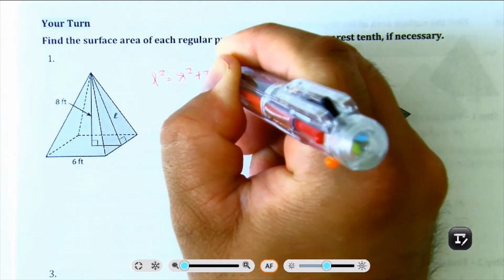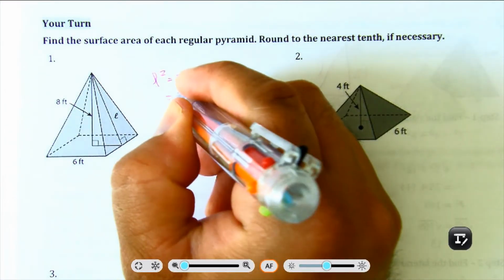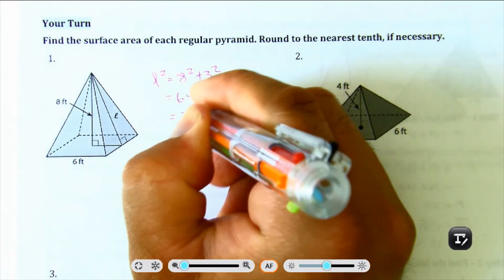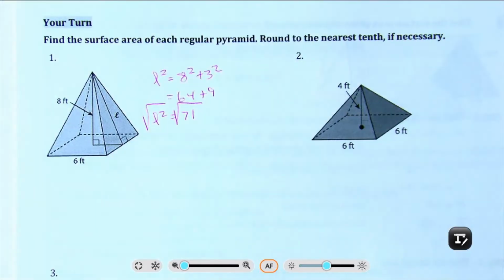That is 64 plus 9, which is 71. If you take the square root of 71, we end up with 8.4. So the slant height is equal to 8.4.